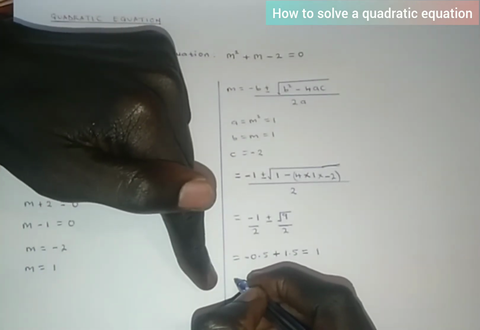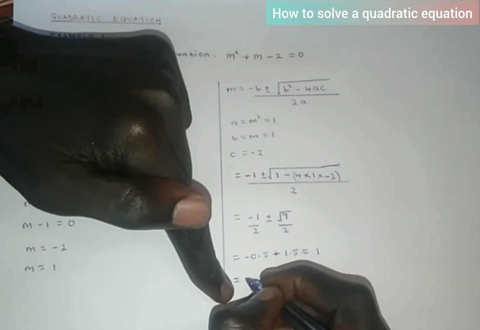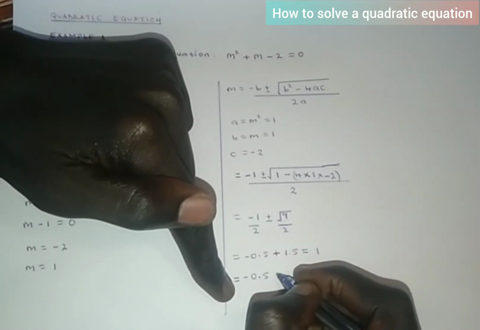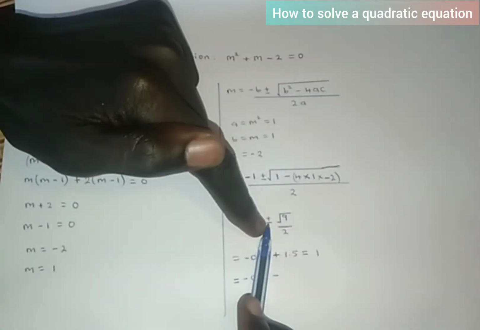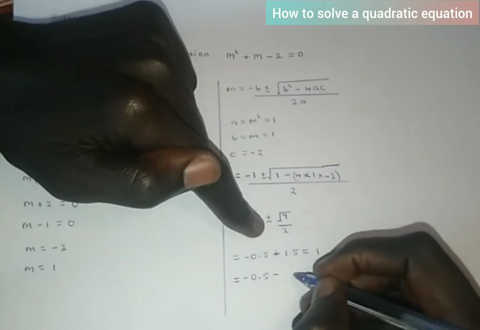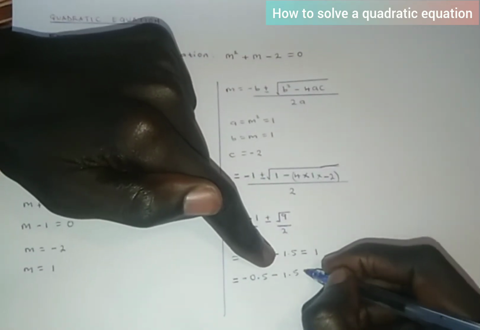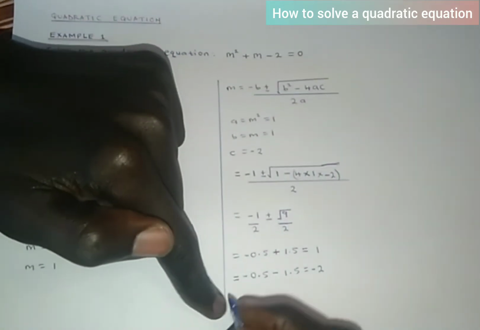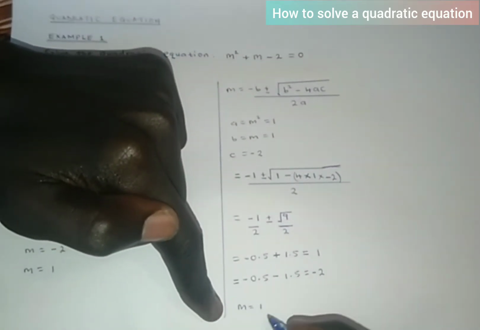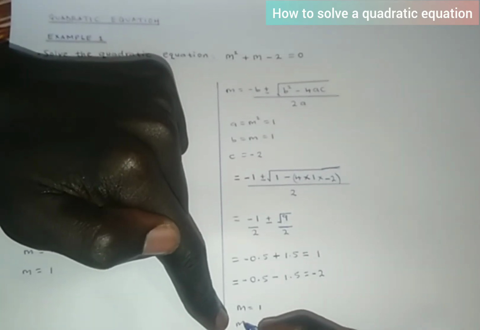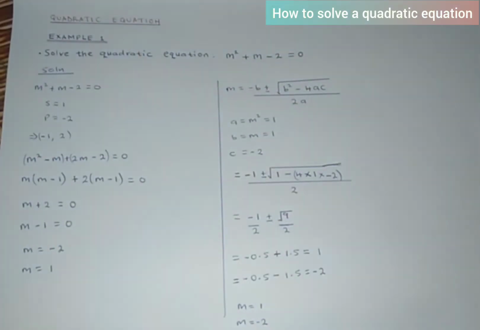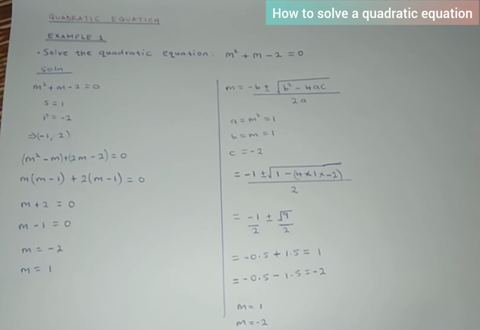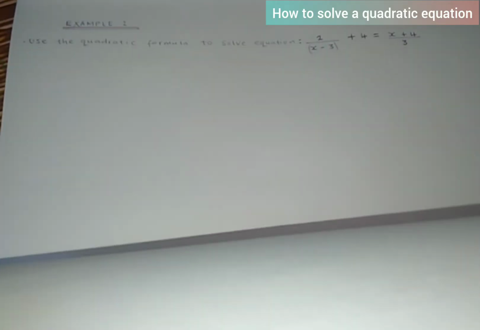Then our second value of m is negative 0.5 minus, now we take the negative sign, minus 1.5, that is -2. So again we have found that m is 1 and m is also -2, like we found in our first solution. So let's quickly do example 2.